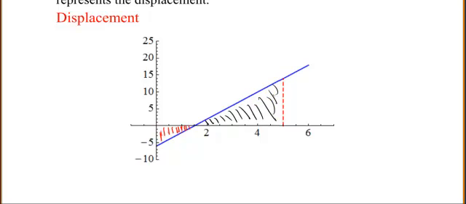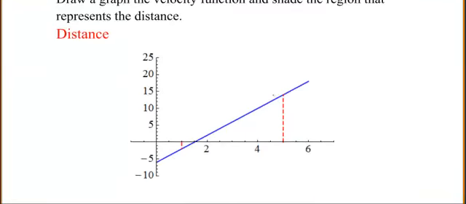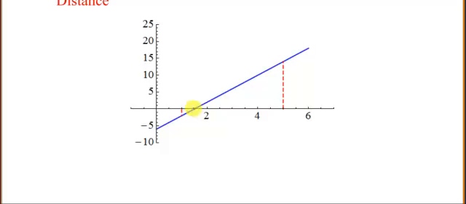And then this would be the distance. We change the sign where it is negative, and then all of this would be the positive part. So if we added those two areas together, we'd get the distance.